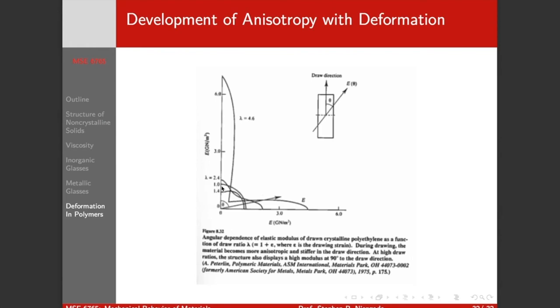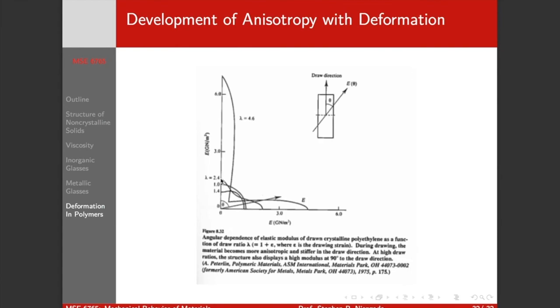Now something curious happens here. Notice, initially, when we first begin to draw, we go from an extension ratio of 1, which means no deformation, to an extension ratio of 1.4, which is basically about a 40% strain. We've weakened our elastic stiffness, and then it starts to get higher. We've weakened in all directions at 1.4.